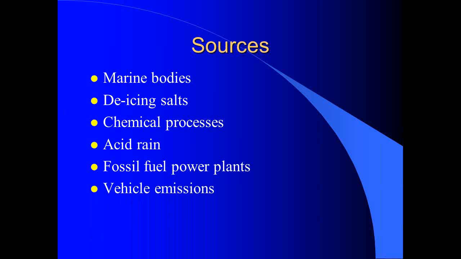Vehicle emissions. If you listen to the news at night, they talk about automotive pollution. They talk about what's coming out of the tailpipe is NOx, or nitrous oxide. The nitrous oxide from burning unleaded gasoline, what's left after the catalytic converter, comes out the tailpipe, mixes with the oxygen and humidity in the air, and comes down as nitric acid in acid rain.